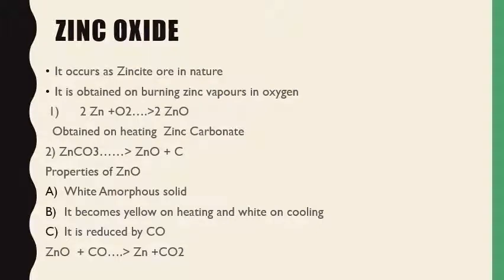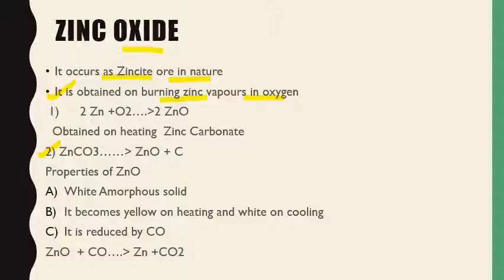The second oxide of the series is zinc oxide. It is also an amphoteric oxide. It occurs as a zincite ore in nature. So let's see its method of preparation. There are two methods of preparation of zinc oxide. The first is that it is obtained by burning zinc vapors in oxygen.